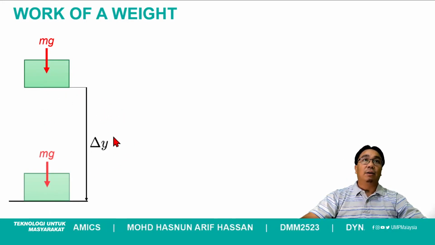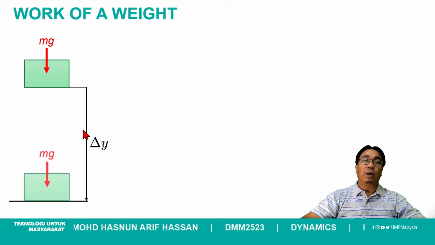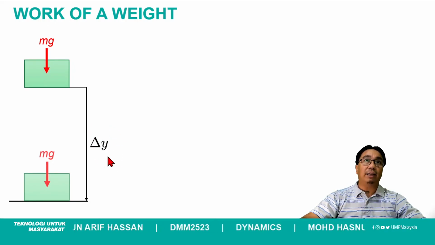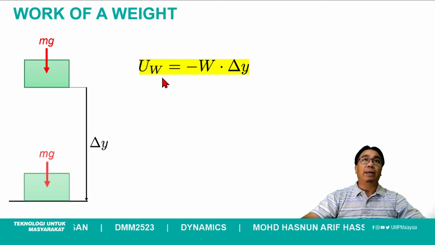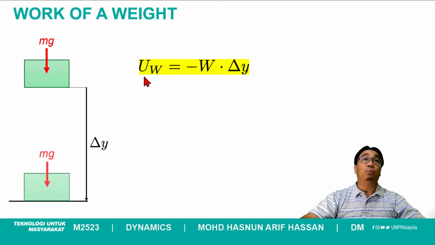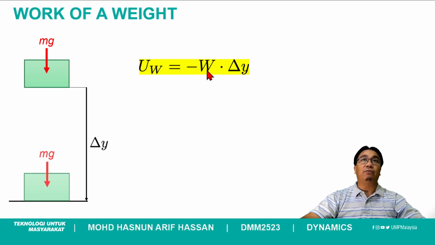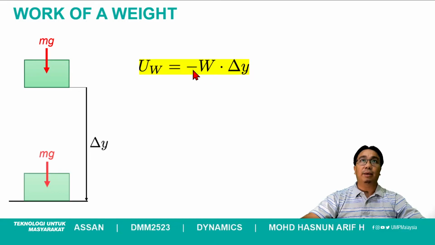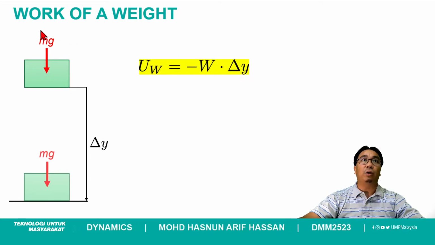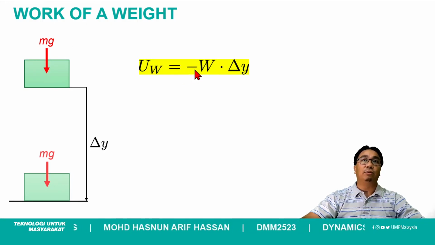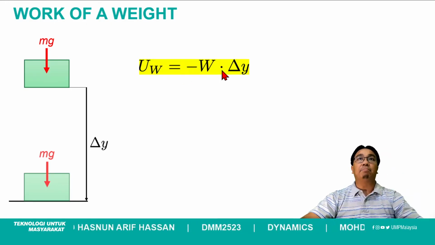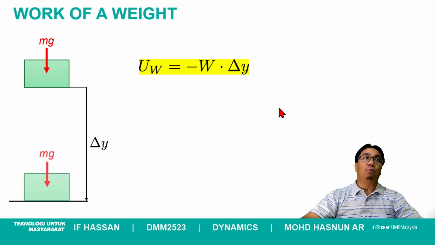So when there is change of height delta y, then we can calculate work done by weight, UW, is equal to negative W times delta y. Okay, minus W times delta y. W dekat sini ni is equal to mg lah. Ataupun you boleh tulis juga sebagai minus mg times delta y.